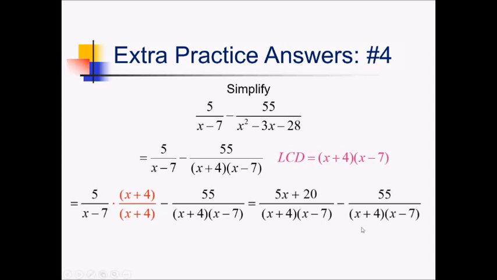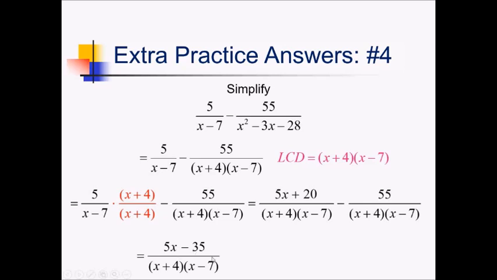Don't need to do anything new with it, though. At this point, since we have the same denominator, we can combine these into one big fraction over the LCD. And in the numerator then, subtracting now, we're going to have a 5x. There's nothing to combine that with. But we also have a 20 minus 55, which is negative 35.